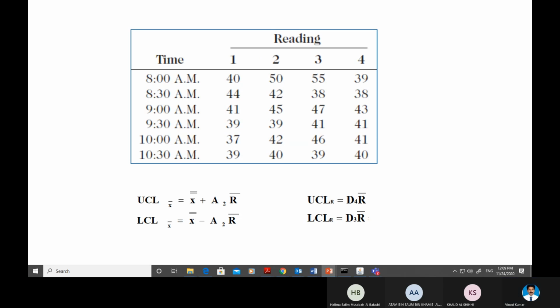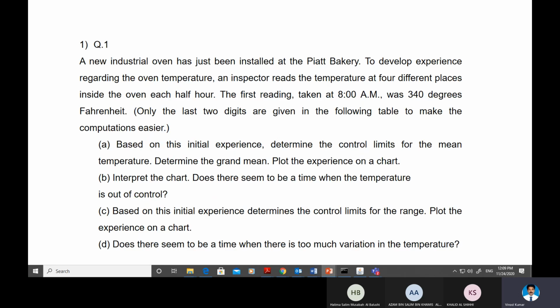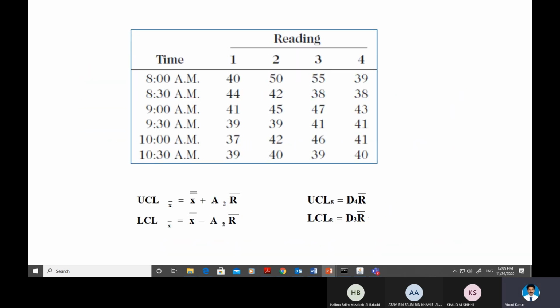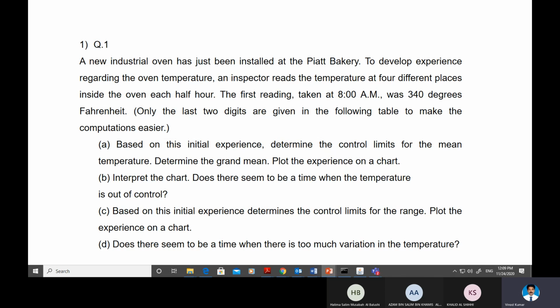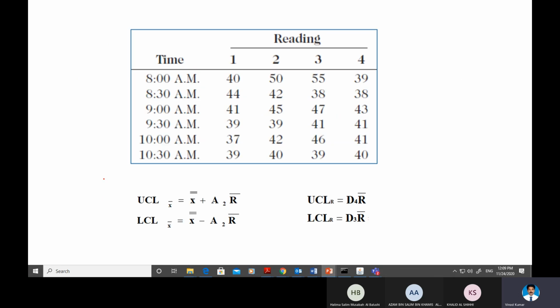Okay, so we take temperatures here. For example, in a system, we take temperature at 4 different points in a furnace. Oven means furnace. I hope you can see this on the desktop.